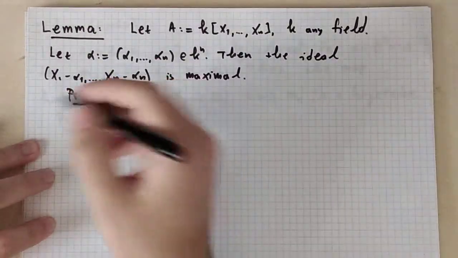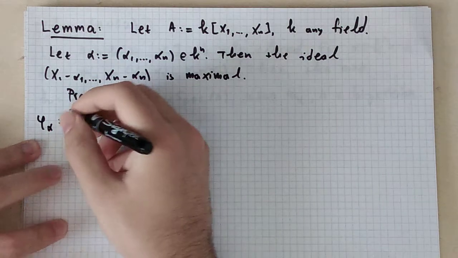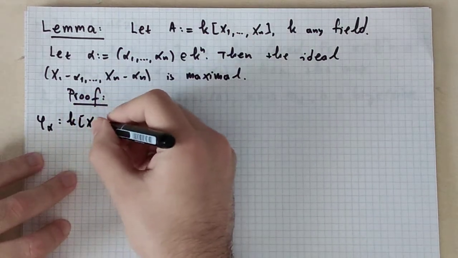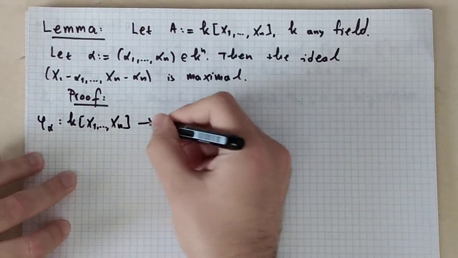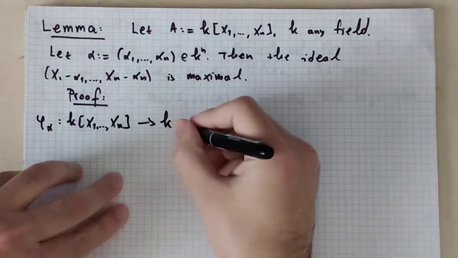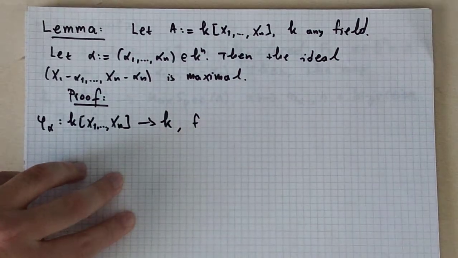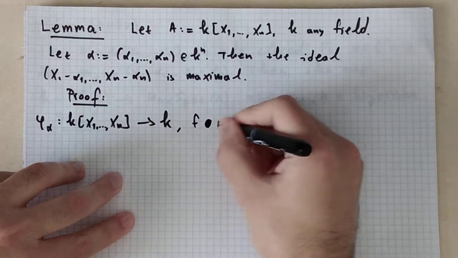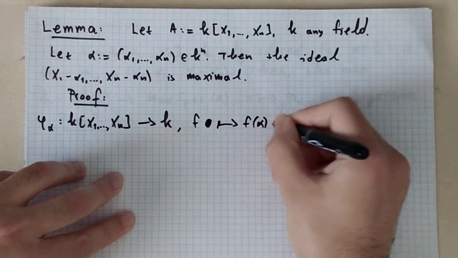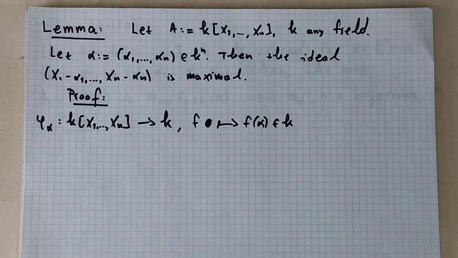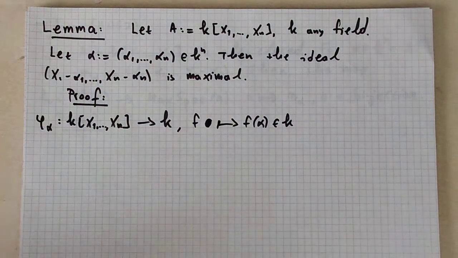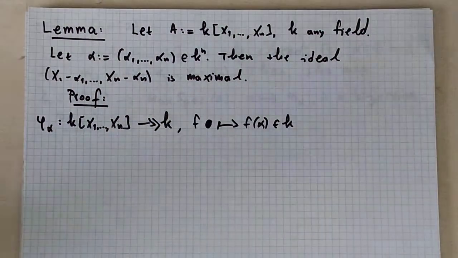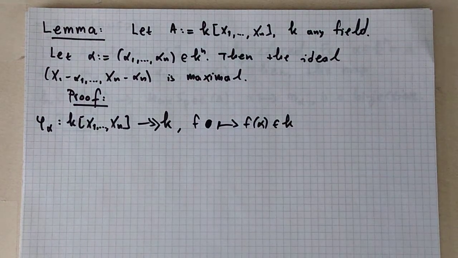We consider this phi alpha, which is going to be the homomorphism going from the polynomial ring to k, and it takes an arbitrary polynomial f and maps it to f of alpha, which is of course an element in k. It's a ring homomorphism, but it's also surjective. If I give you an element lambda in k, we just consider the constant polynomial lambda, and evaluating at alpha doesn't change anything.